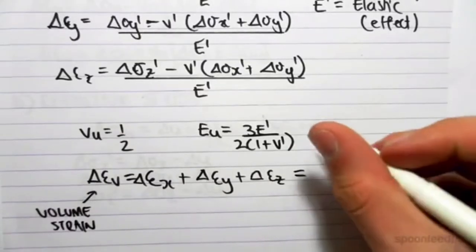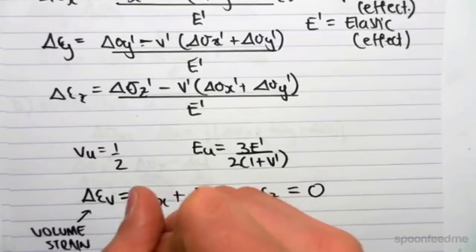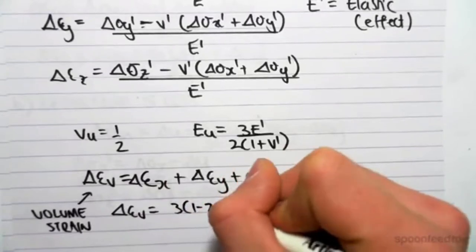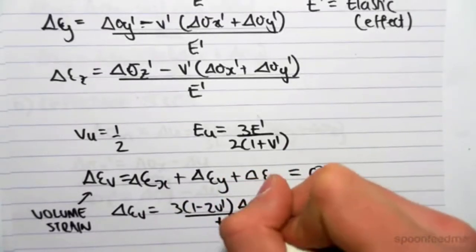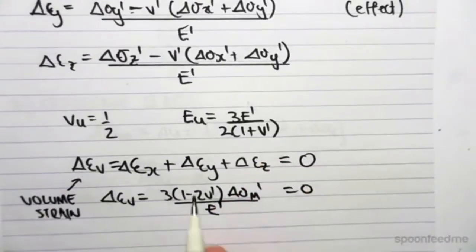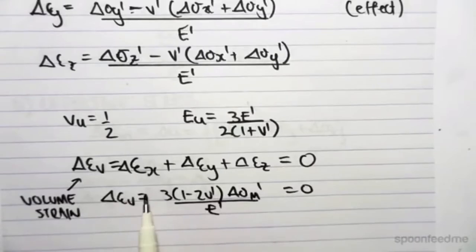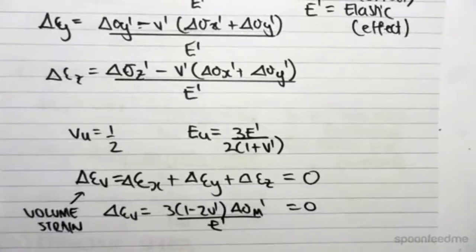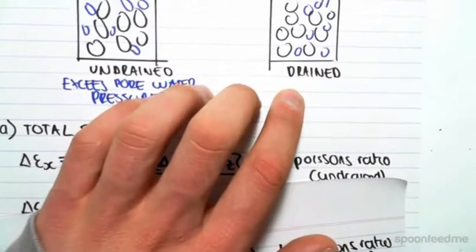For undrained, so for our case, this always equals 0, and this volume strain we can also write as 3 outside of 1 minus 2 V dash outside of sigma mean dash over E dash. This will also equal 0. Both methods will give you the same answer. Don't worry so much about the volumetric strain for undrained samples, because it always equals 0. But for drained samples, which we're going to see in the next video, it's not going to be 0, and you actually have to go find it.